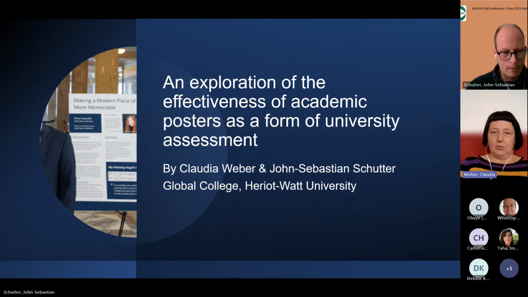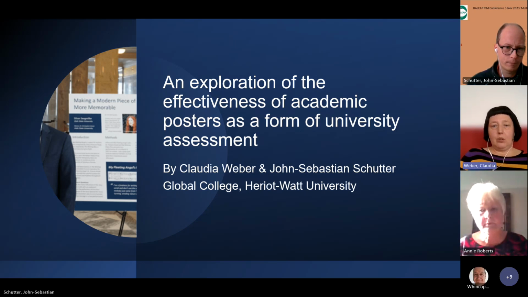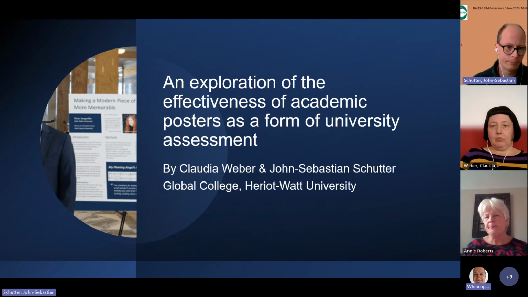Right, so very interestingly, I'm seeing two different things on the two devices. On my iPad, Claudia, I can see, I think, your first slide. Okay. So John-Sebastian, it might be good if you then move the slides because you put them up. I can see the first one on both now. That's great. Thank you.